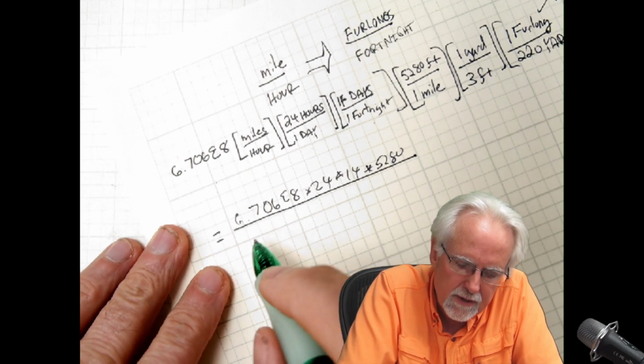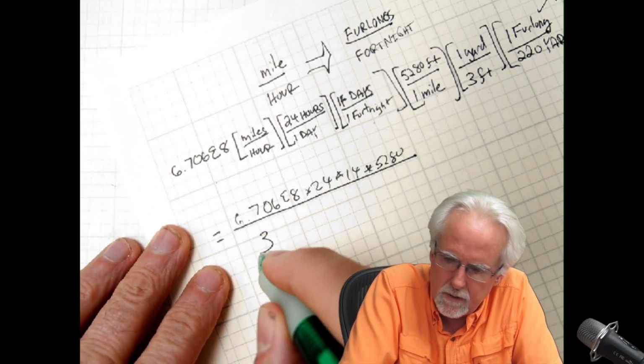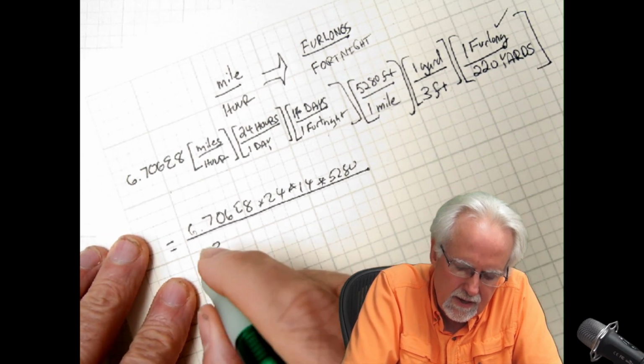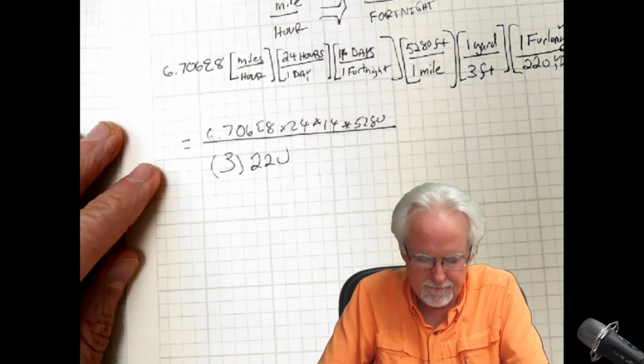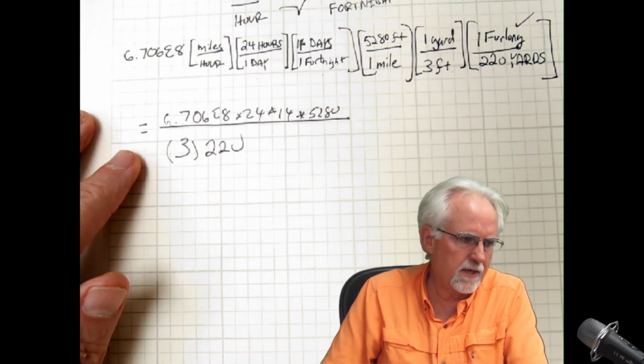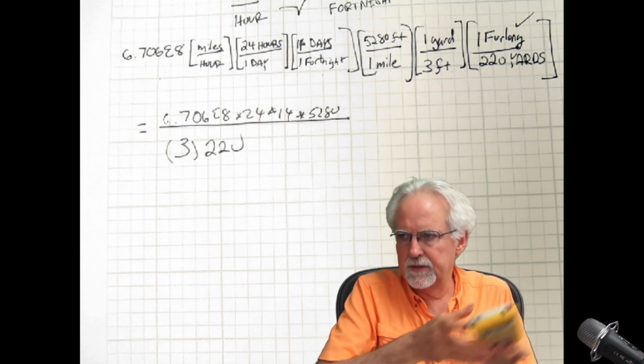Then in the denominator, I have 3, and I have 220. Okay, so now let's get out our calculator and let's do this.